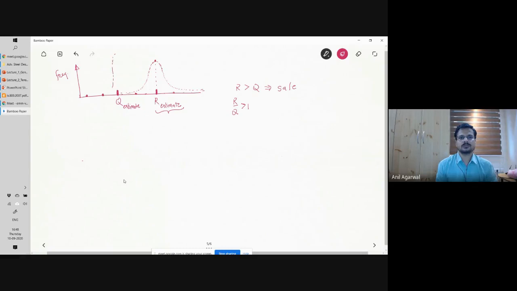Right. So the Q versus frequency plot will look somewhat like this. Agreed? Fine.